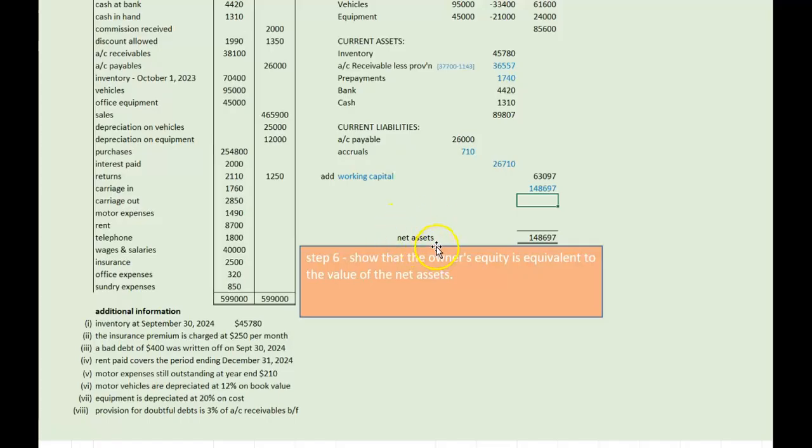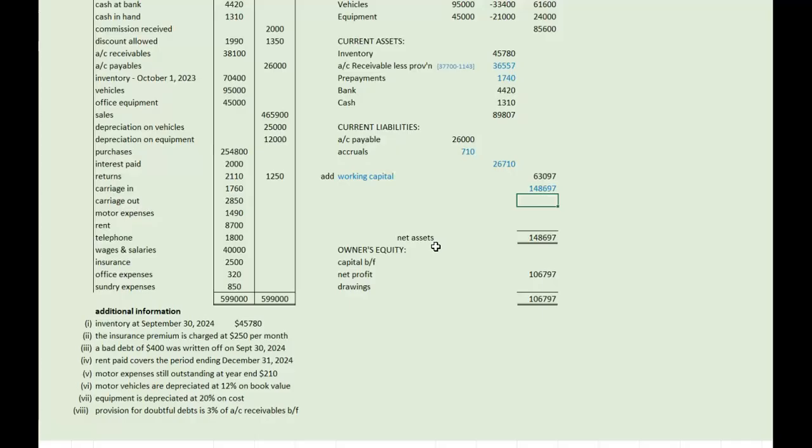So let's see. Alright, so I had already transferred the net profit of 106,797. The capital at the beginning of this question was what?